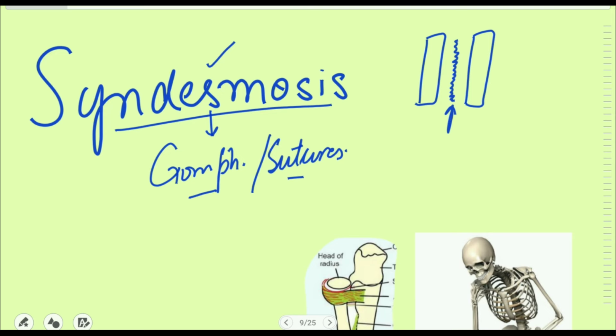In the sutures and gomphoses, two bones are tightly close to each other with a minimal amount of connective tissue. But in syndesmosis, two bones are not tightly packed to each other and the fibrous connective tissue is present in larger amount. This is the basic difference of the syndesmosis from gomphoses and sutures.